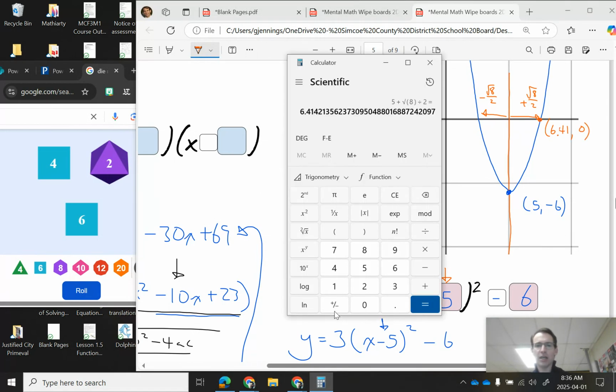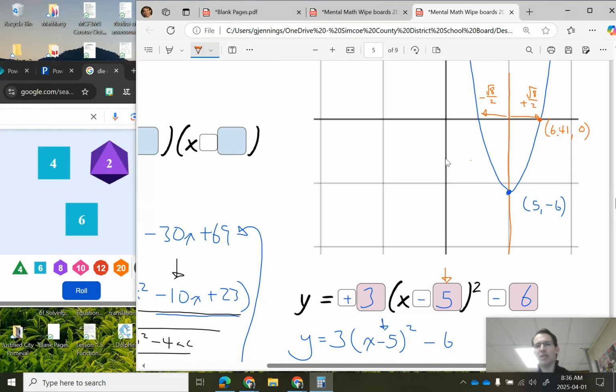And then I do the negative one. So I go clear. I say 5 minus root 8, I take its square root, and then I divide that by 2, and that gives me 3.58. So I'm going to go 3.59 because that 5 makes it round up. So this is 3.59 comma 0.